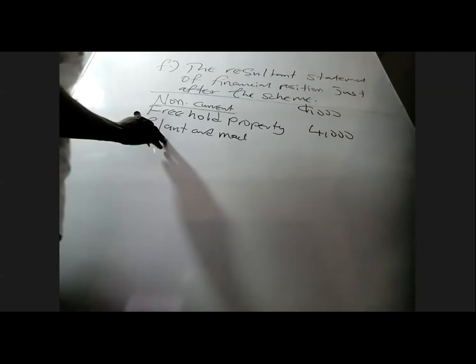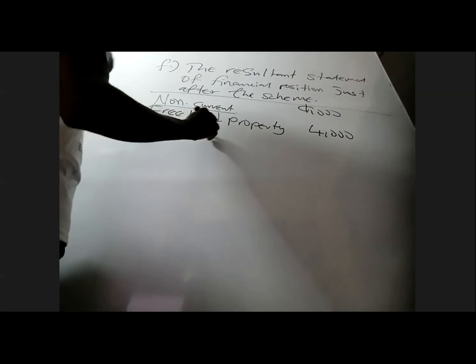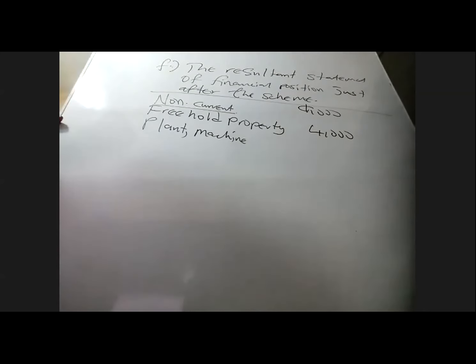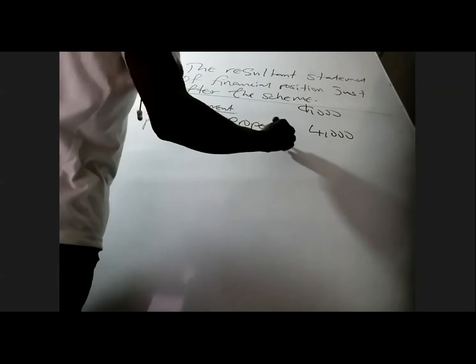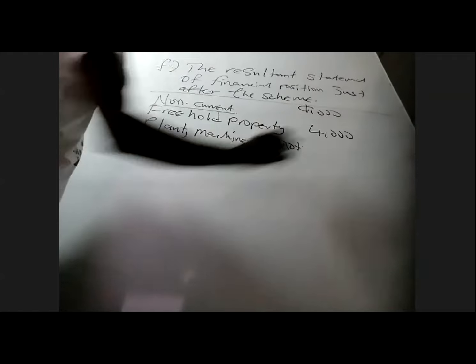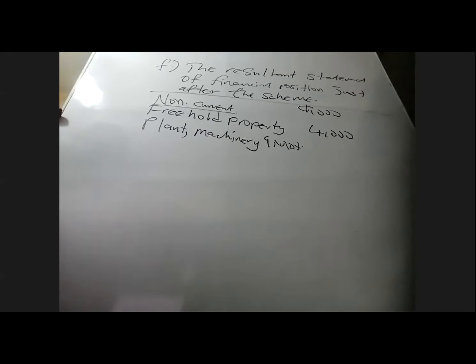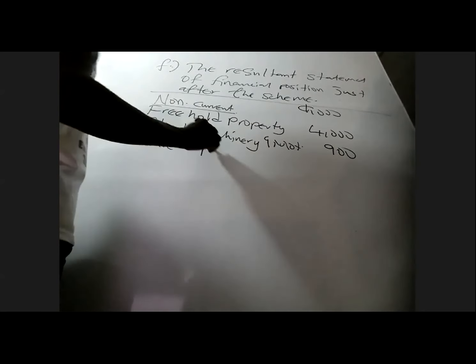It will be plant, machinery and motor vehicle. Here, you can write the old one. What's the existing one? It's 900. Good. There was a new plant, so you can write new plant, the plant that you said you should buy, which is 3,700.